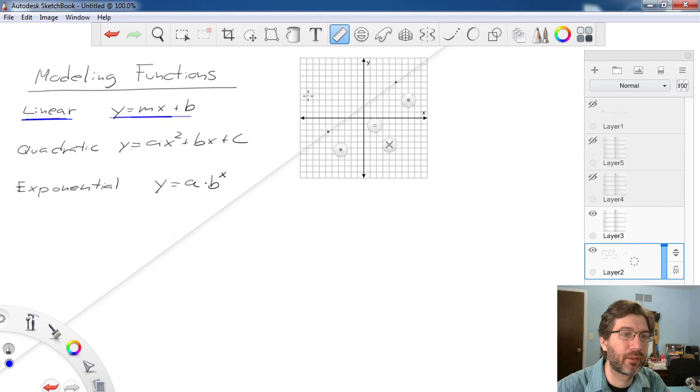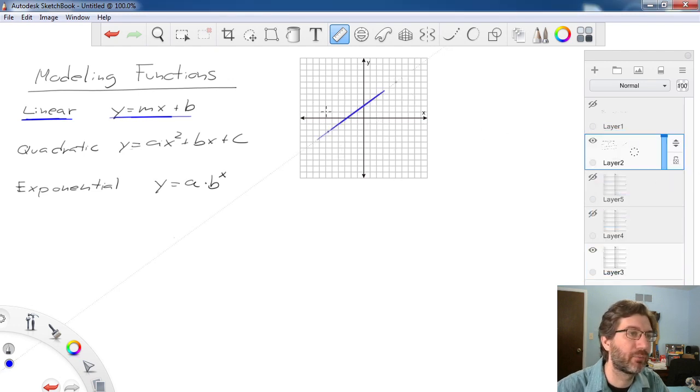Did that work? That did not work. Move that up. There it goes. There's my line. So this is just your line for your linear function. Remember that does have arrows because it goes on indefinitely. That's what a linear function looks like. It looks like a line.